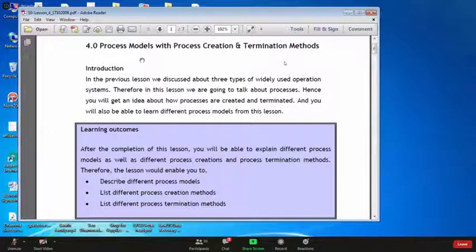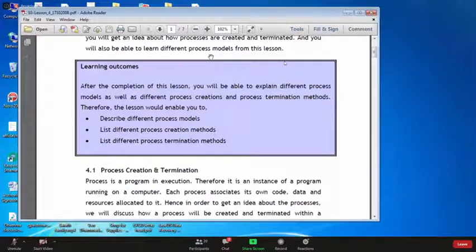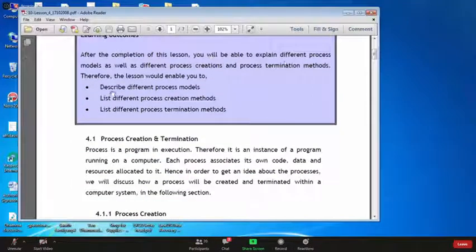Now, in an operating system, we have to handle so many different processes. That means programs in execution, there can be hundreds of them. Right? So today we are going to learn to describe different process models, and list different process creation methods and also termination. Now you can see two terms, creation and terminate.